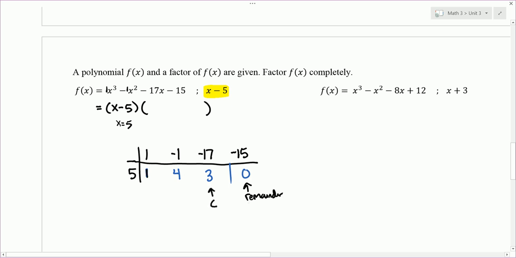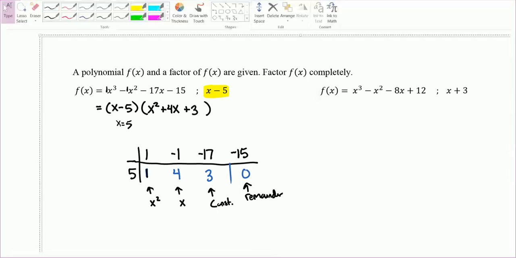Three is our constant term. 4 is our x term. 1 is our x squared term. So that is the missing piece, and we can write that in. So we have 1x squared. We have 4x. And we have plus 3. And we factored.